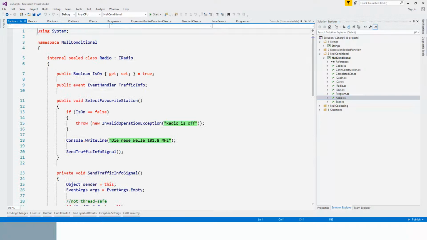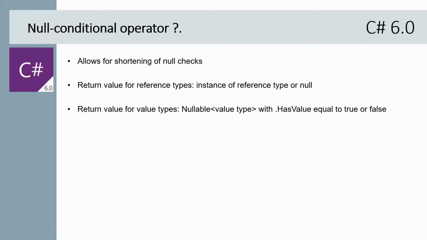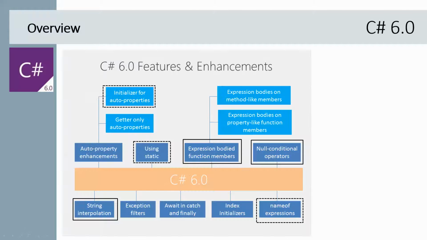My radio is only implemented once. I only have one radio for all cars, which has a public property from the interface. And here is something that was on the initial slide. This is an initializer for auto properties.